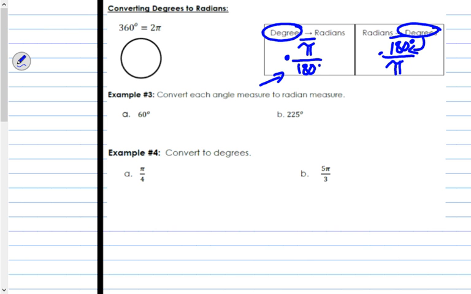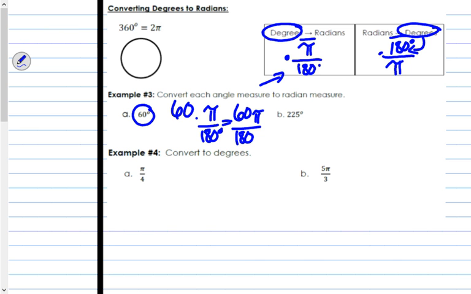So, convert each angle measure to radian measure. Notice that it's 60 degrees. So I'm trying to get rid of the degrees. So I'm going to do 60 times pi over 180 degrees. That becomes 60 pi over 180.